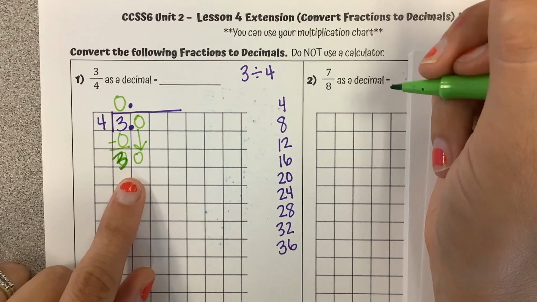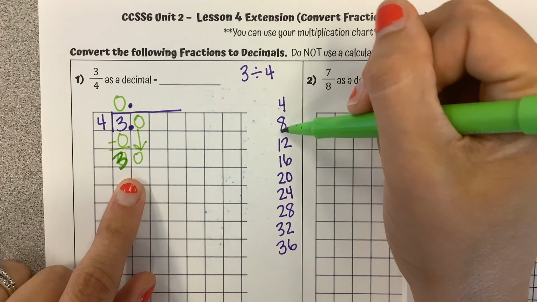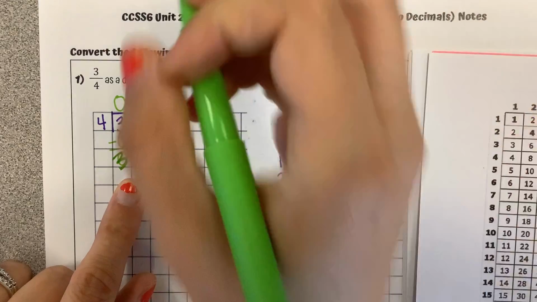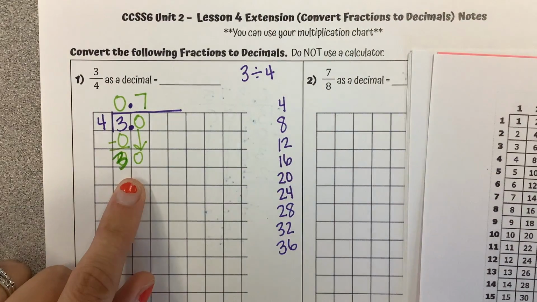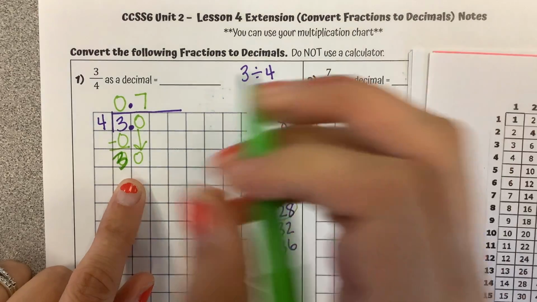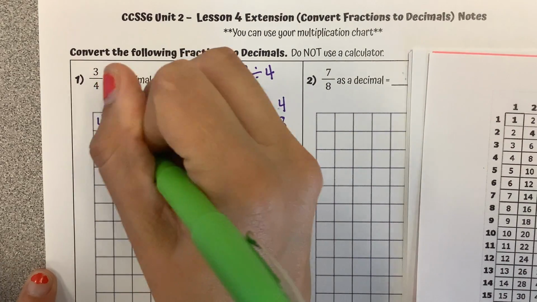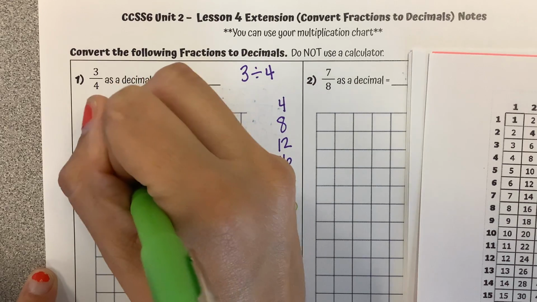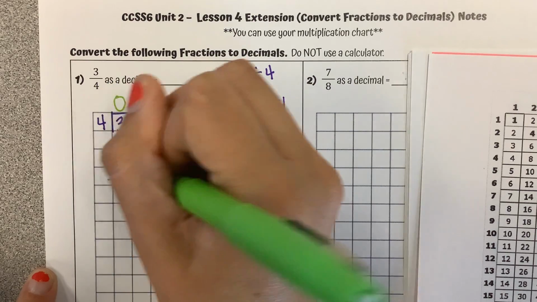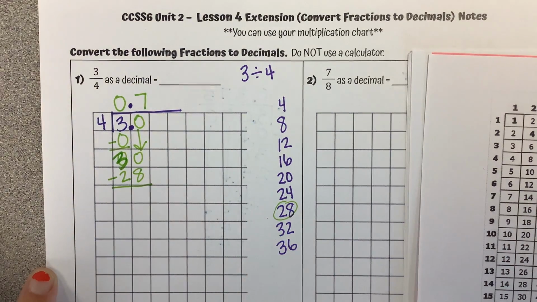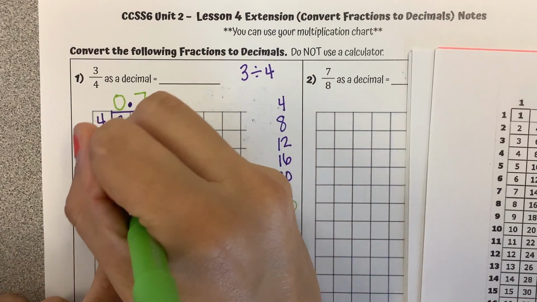4 goes into 30. 1, 2, 3, 4, 5, 6, 7 times, because 32 is too big. So it goes in 7 times. 4 times 7 was 28. So 30 minus 28 is 2.